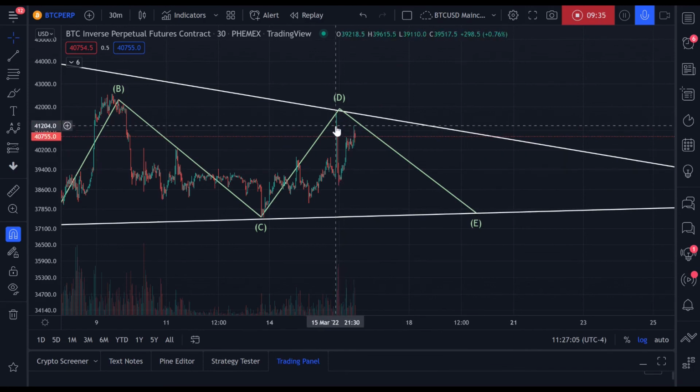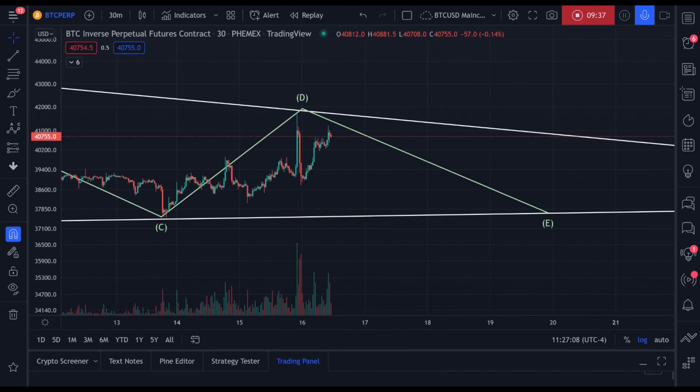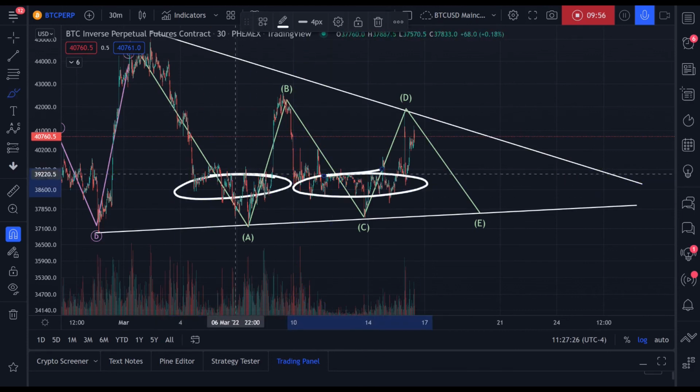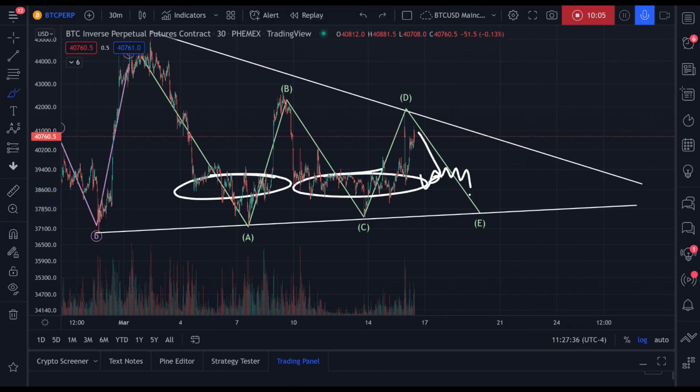If this wave right here is a 1, 2, 3, it's likely that we come down to this region right here where all this buying and selling is concentrated. We come down here and do a lot of consolidation before finally bottoming out. That's what is likely to take the bulk of the time.